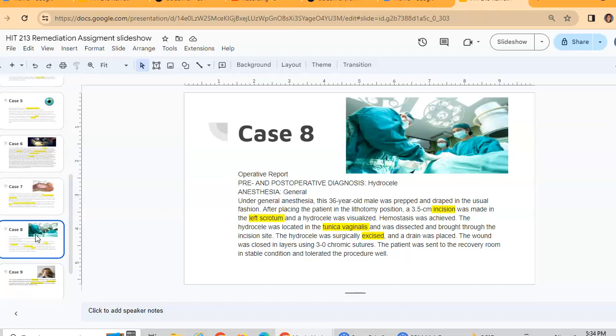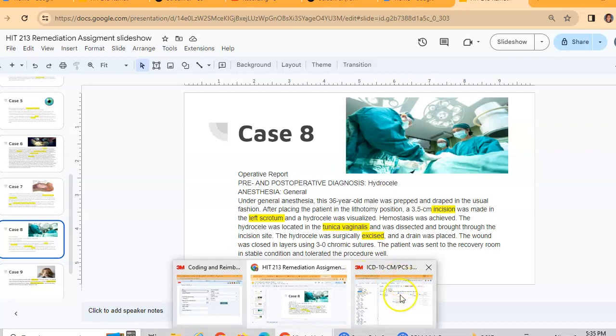Under general anesthesia, a 3.5 centimeter incision was made in the left scrotum and the hydrocele was visualized. Hemostasis was achieved. The hydrocele was located in the tunica vaginalis and was dissected and brought through the incision site. The hydrocele was surgically excised and a drain was placed.